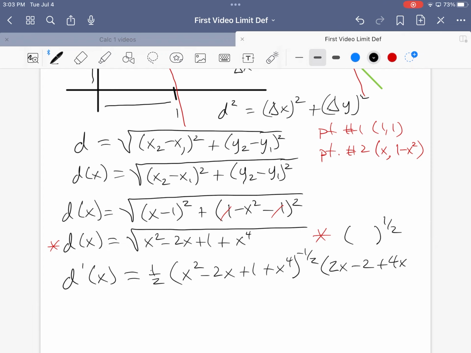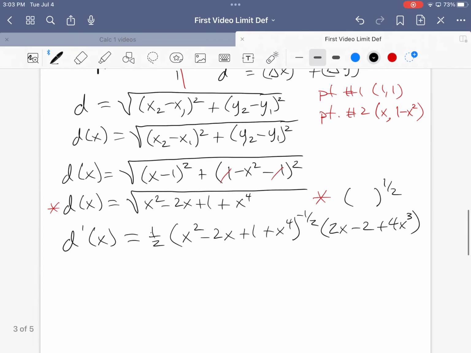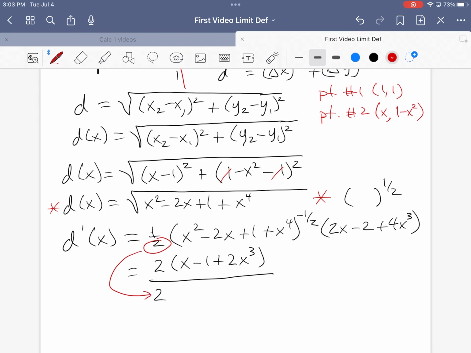Now, we're just going to simplify this a little bit, and notice that I can factor out a 2, so what I'm going to get is 2 times x minus 1 plus 2x cubed over 2, that comes from right here, right?